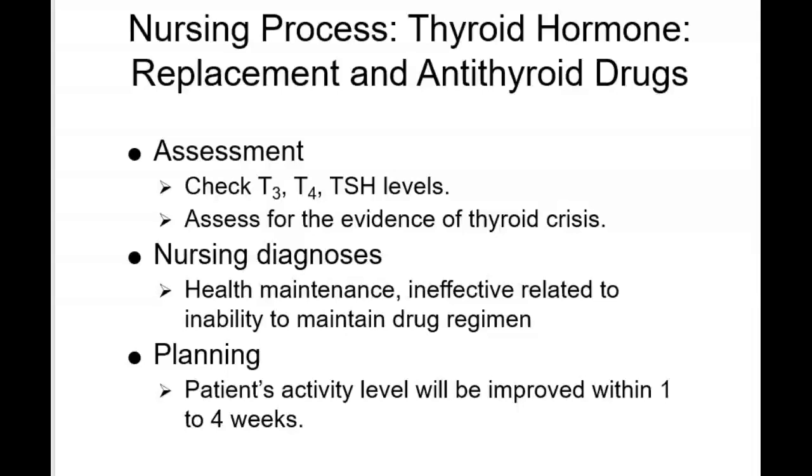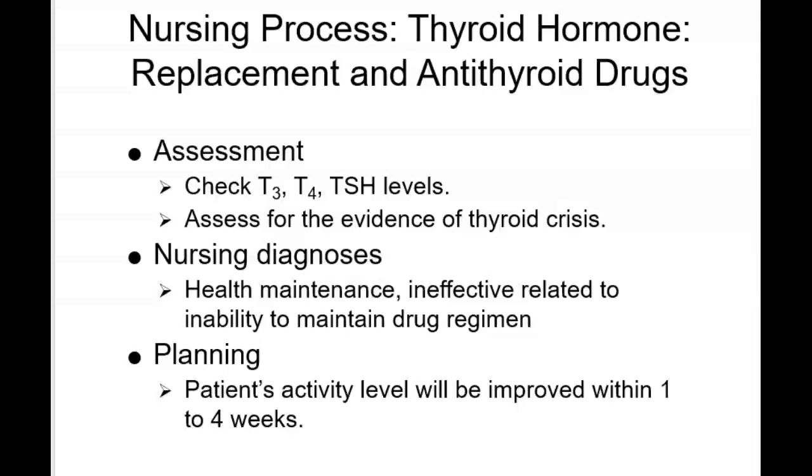Thyroid crisis can result from a thyroidectomy, which causes an excessive release of thyroid hormones, or from abrupt withdrawal of antithyroid drug, excessive ingestion of thyroid hormone, or failure to give antithyroid medication before thyroid surgery. So a thyroid crisis occurs due to high levels of those thyroid hormones.